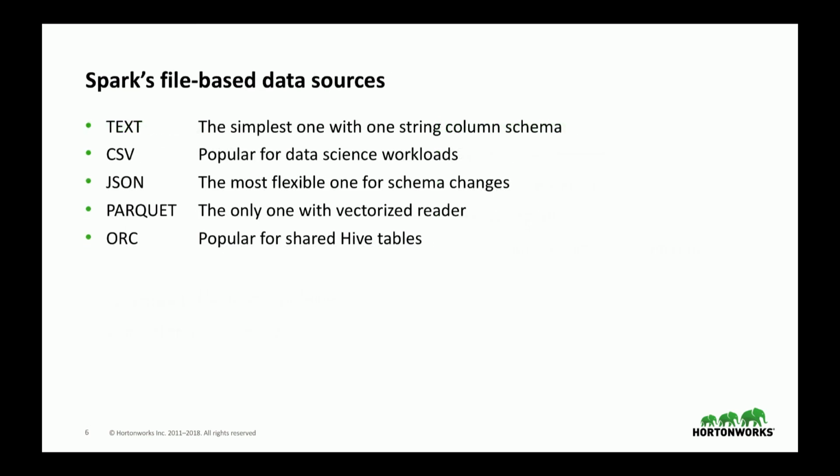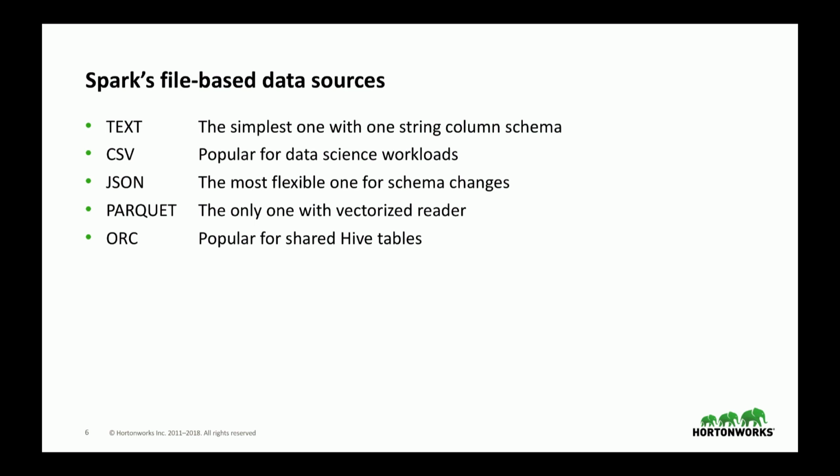Spark works very well with a variety of data sources, especially these 5 built-in data sources, which are commonly used and very popular. Text is the simplest one with a single column schema, and CSV is popular for data science workloads. JSON is the most flexible one for schema change.